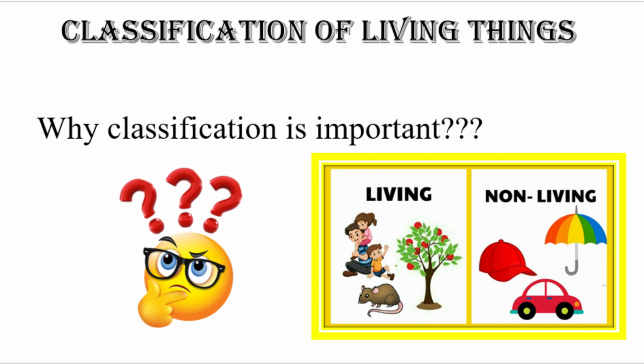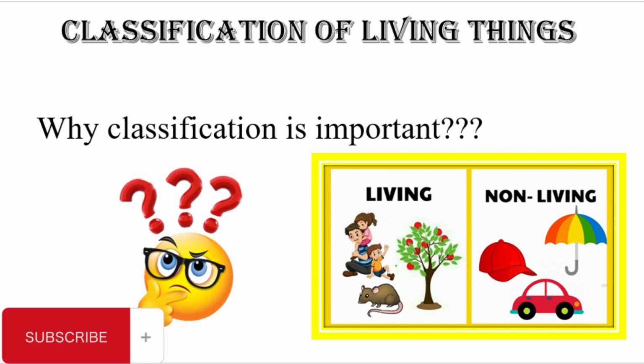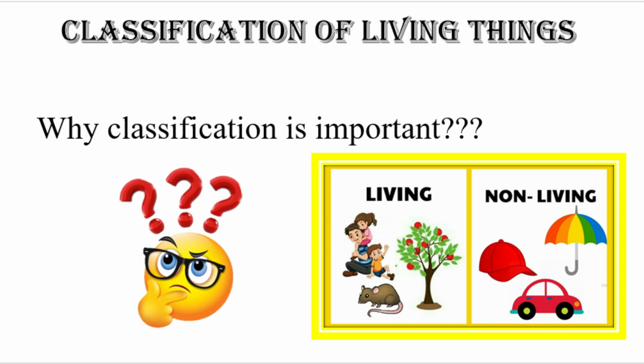What did the scientists do? They make their groupings on the basis of their similar characteristics so that it will be easy for them to study all these organisms. Now, let's see how the scientists have classified organisms.